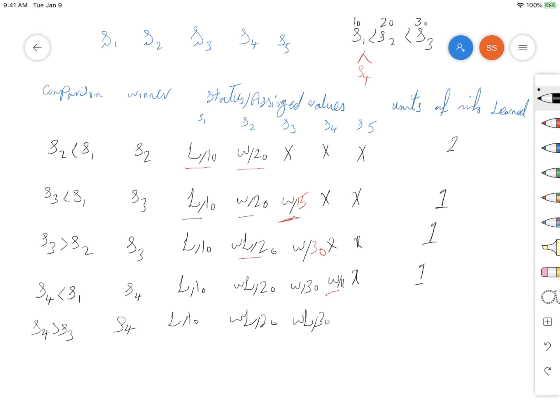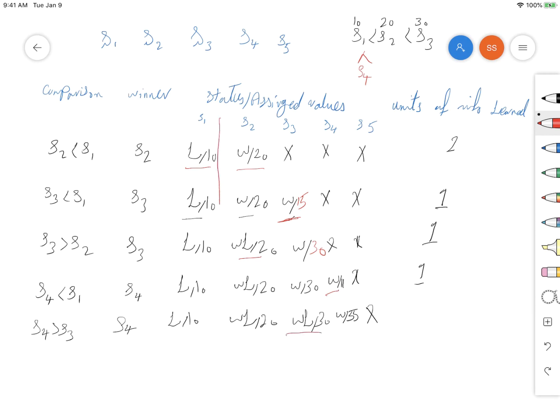And because now we found that S4 is greater than S3, we are going to assign some value greater than 30 to S4. So we are going to give a number, let's say 35, to this S4, and there's no change on the status of S5. So how many pieces of information did we learn? It is still 1, so no change here, and the only information that we got is here, that S3 now lost.